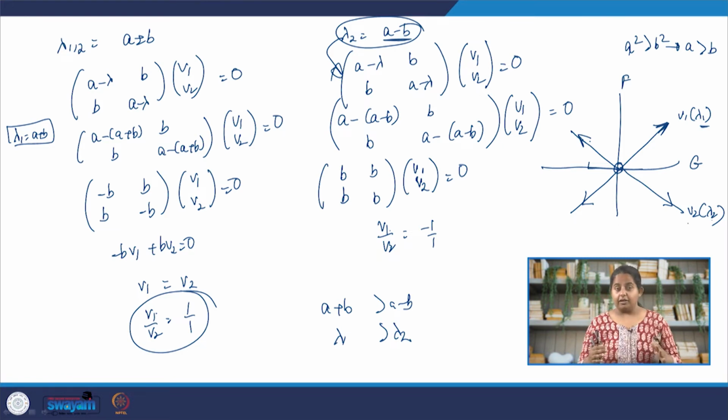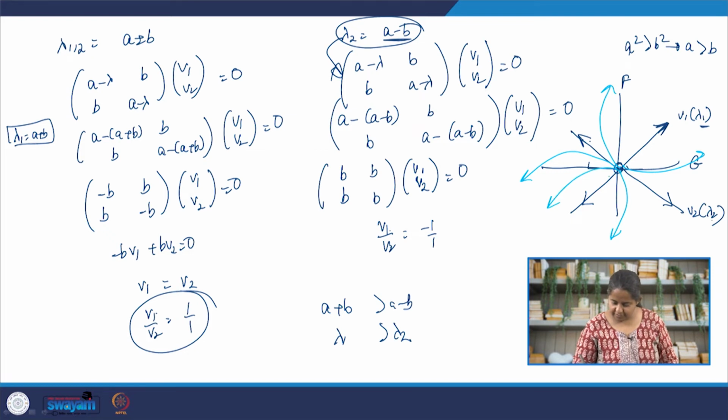So remember, in case of stable nodes or unstable nodes, your trajectories will become tangential or tend to become tangential to the slower eigenvector. So this is how your flow lines or your trajectories look like.